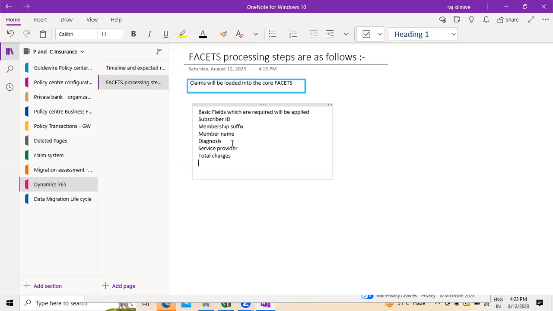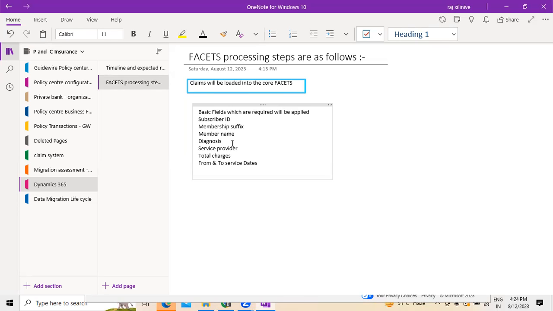At the same time, we need to mention the between dates, from and to service dates. From and to service dates means when a patient has joined and when they have been discharged, because how many days an individual was in hospitalization generally comes under this.